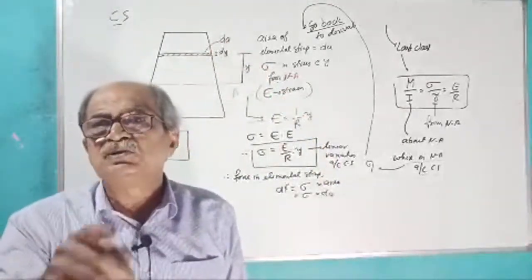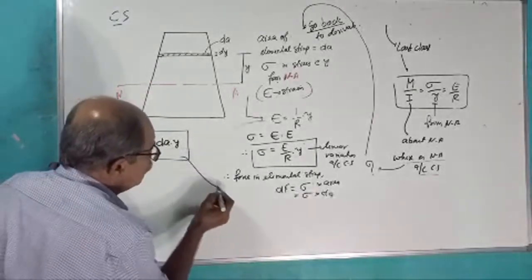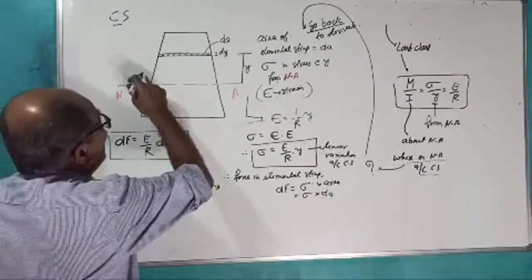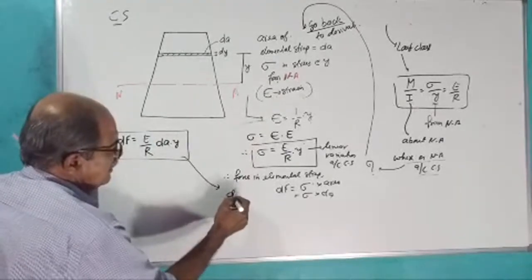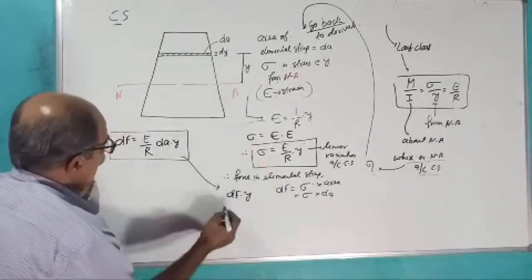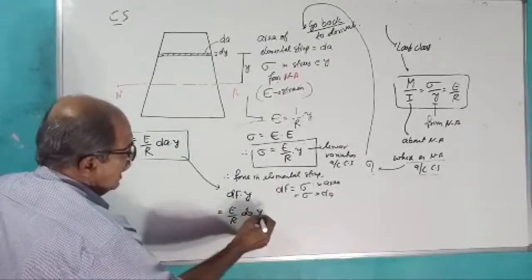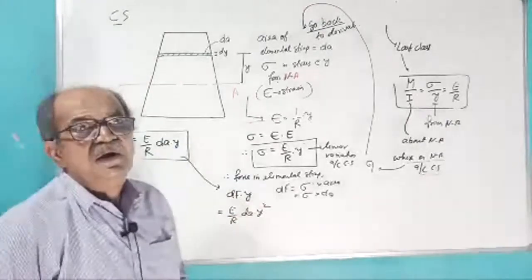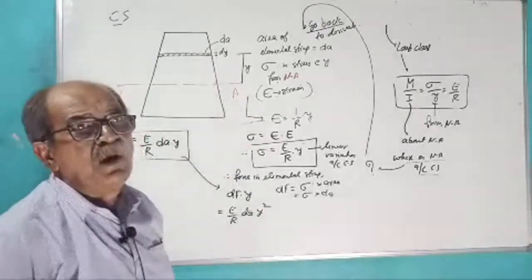Then in the last class, from here I changed the route. I found the moment of this dF about the neutral axis. That is dF into y, which equals E by R into dA into y into once again y, that is y squared. This is the moment of the resisting force in the elemental strip about the neutral axis.